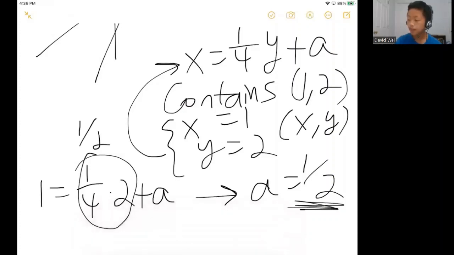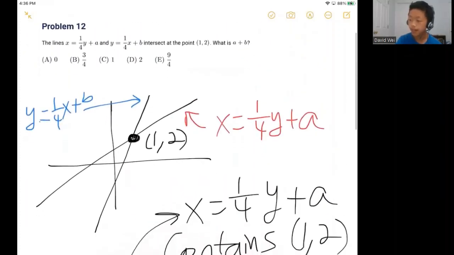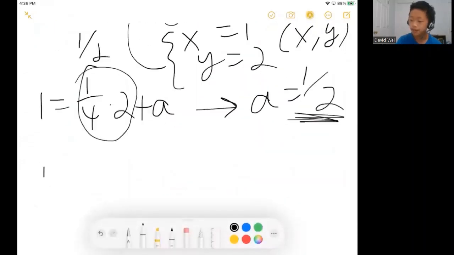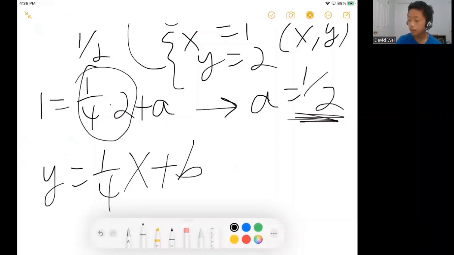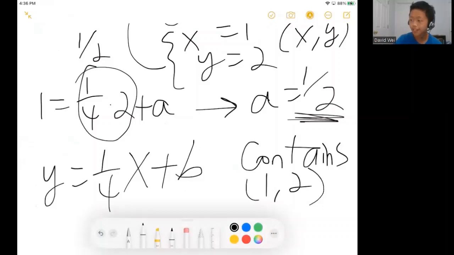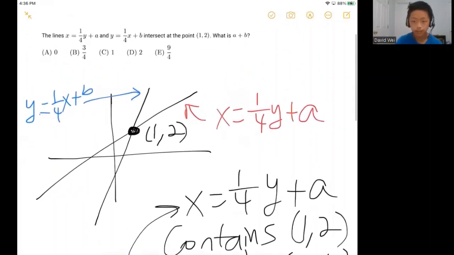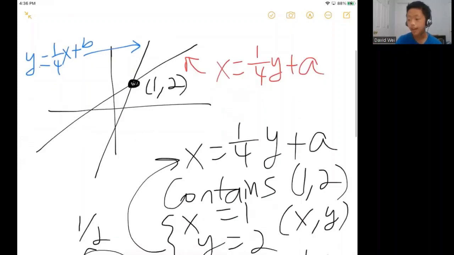To find the value of b, we can do a similar thing. The other line has equation y equals 1/4 x plus b. Again, this line contains the point (1, 2), because by the same reasoning, this line intersects another line at (1, 2), so (1, 2) has to lie on that line.